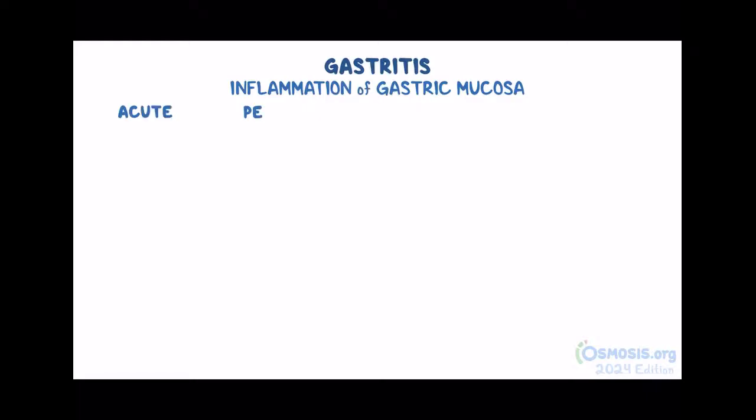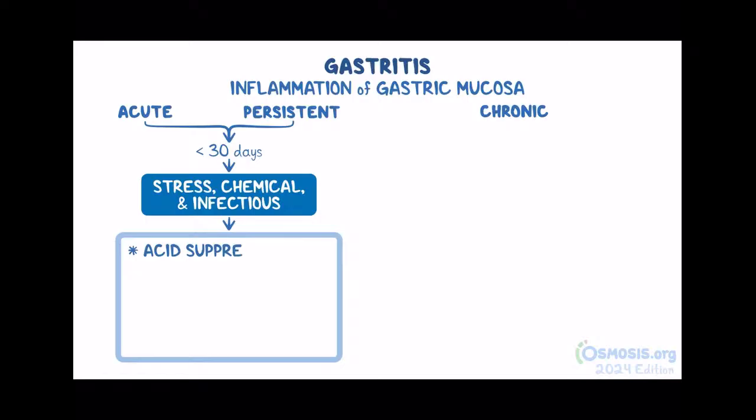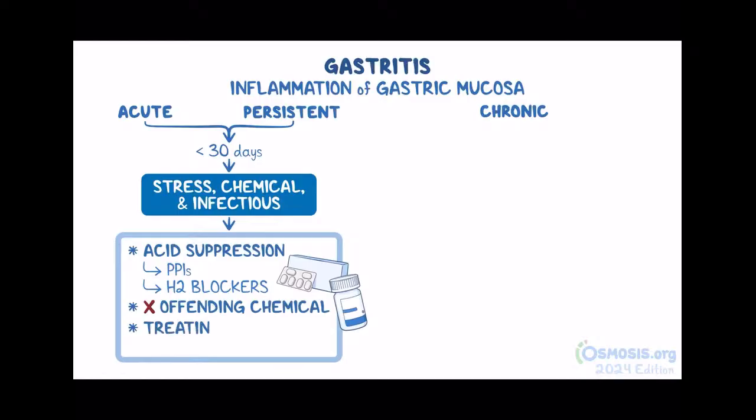Alright, as a quick recap, gastritis refers to inflammation of the gastric mucosa, which can be categorized as acute, persistent, or chronic gastritis. Acute and persistent gastritis lasts for less than 30 days and is caused by stress gastritis, chemical gastritis, and infectious gastritis. Treatment includes acid suppression with proton pump inhibitors and H2 blockers, removing the offending chemical, and treating the underlying infection.